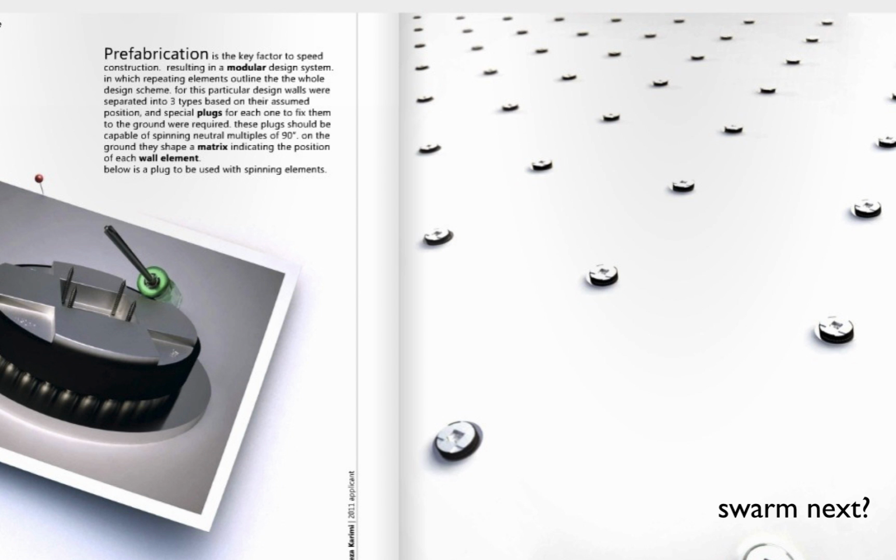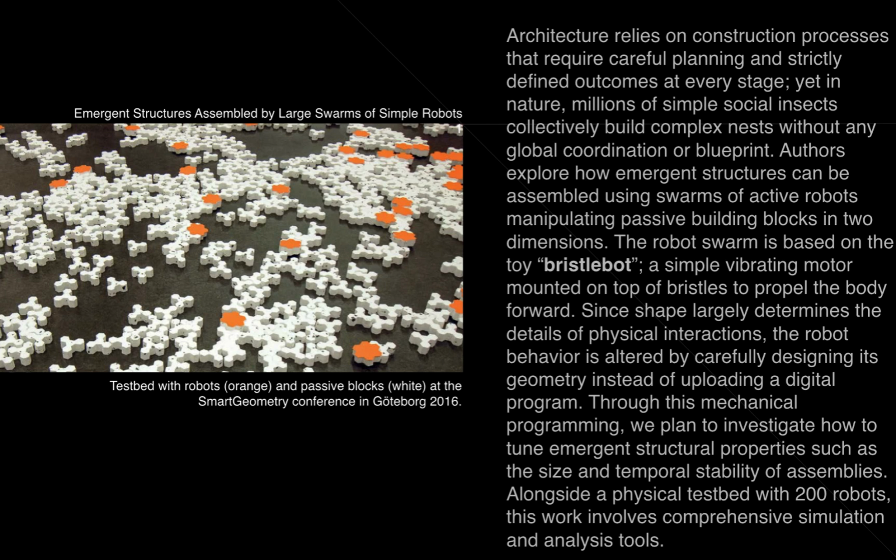Well, the Internet of Things is not without its problems, but let's look at its quasi-design implication with this particular example, where architecture relies on construction processes that require careful planning and strictly defined outcomes at every stage.